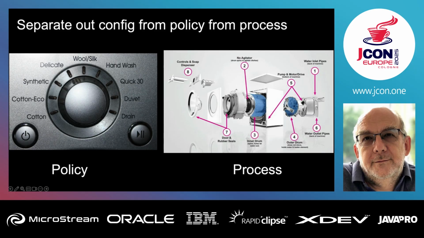So what's policy? Imagine you've got a washing machine or a dishwasher or whatever it is at home. Policy is when you say to the machine, here's what I want you to do today, this instance. Process is what it does.